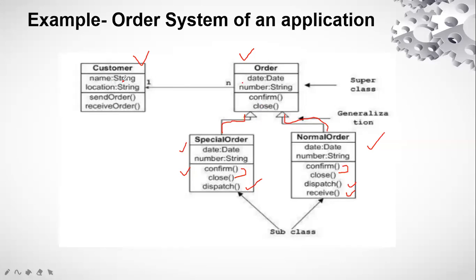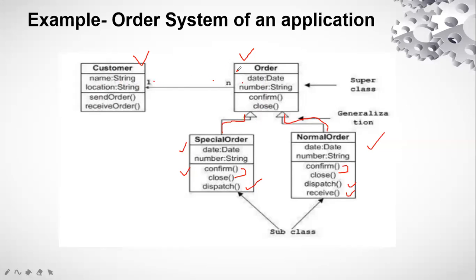Now we can also see that a customer is there with the attributes name and local, which has two methods, send order and receive order. While in order we have the date and number with the confirm operation and the close operation. Now what is the multiplicity being shown out here? That is 1 and n.